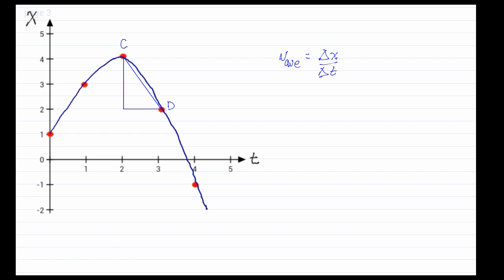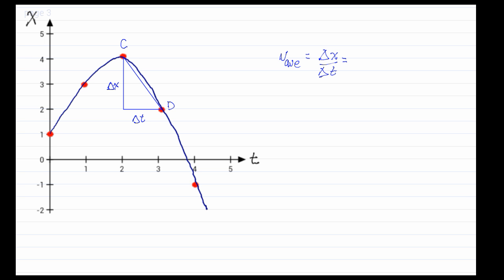There it is. Okay, so there's our triangle. Delta x is that vertical length, and our horizontal length is delta t.